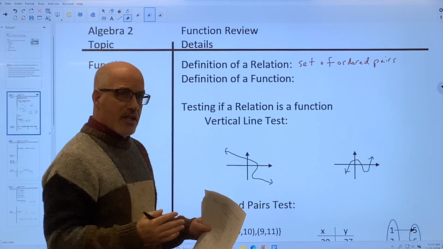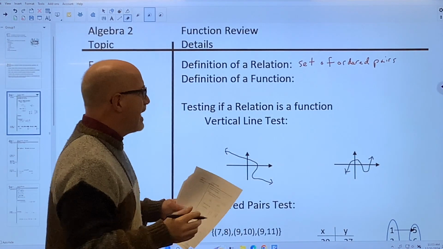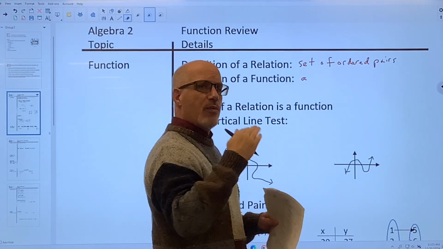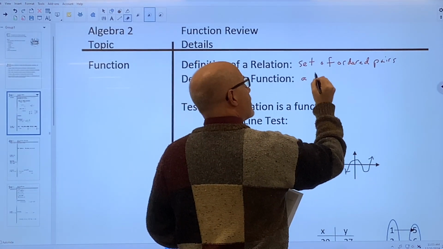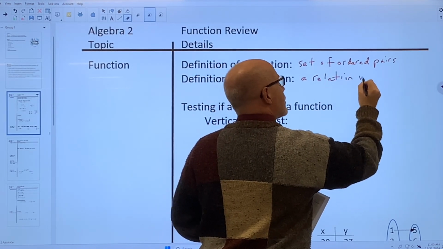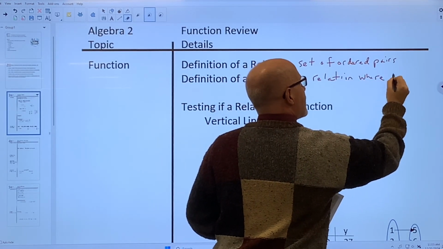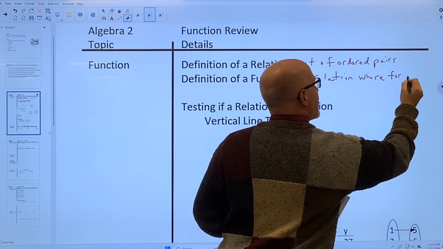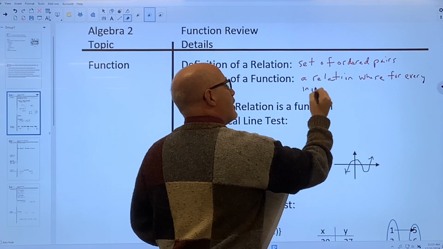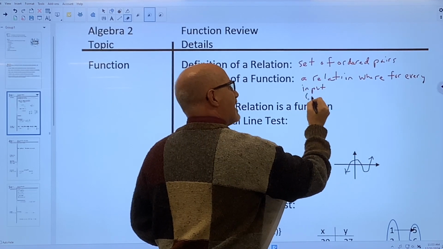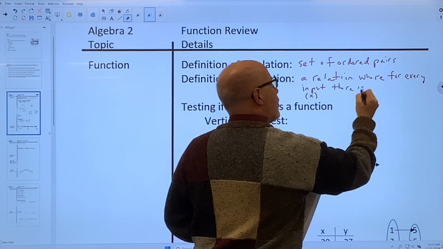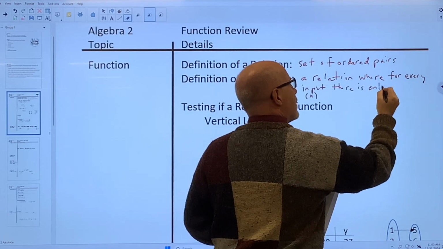A function is when we take a relation where for every input there's only one output. Every input, usually that's the x, there is only one output.